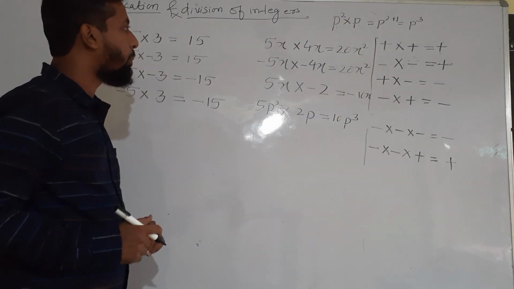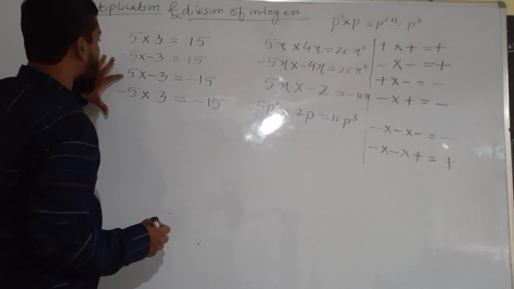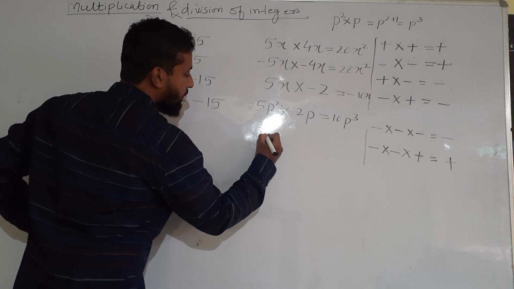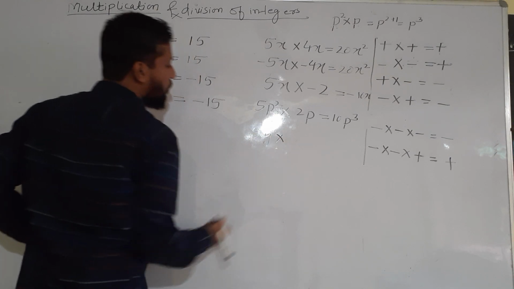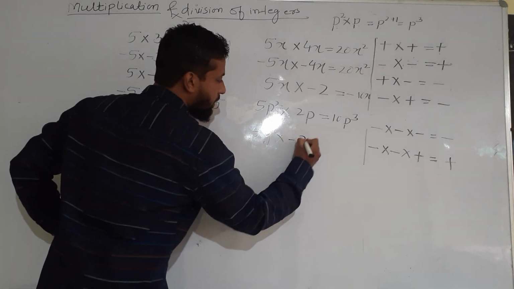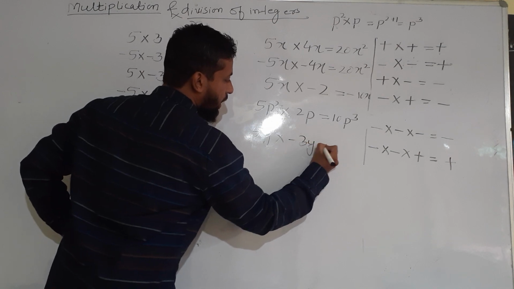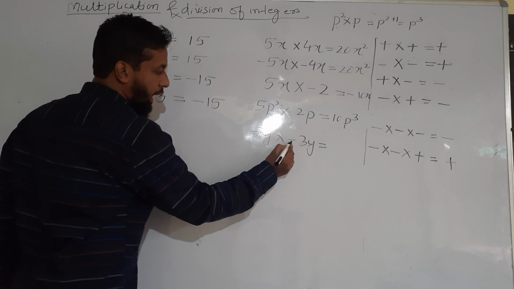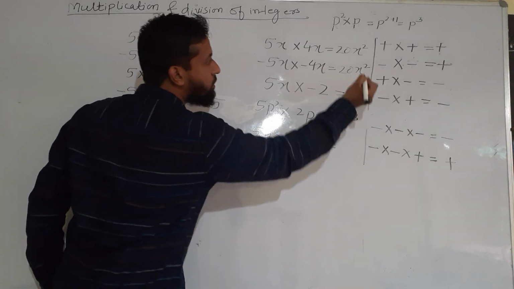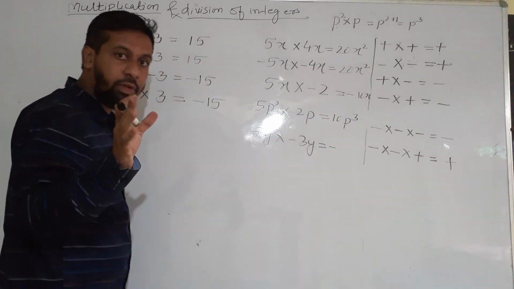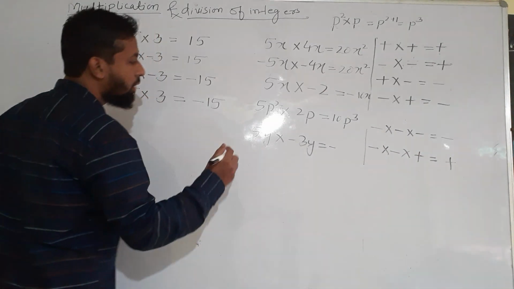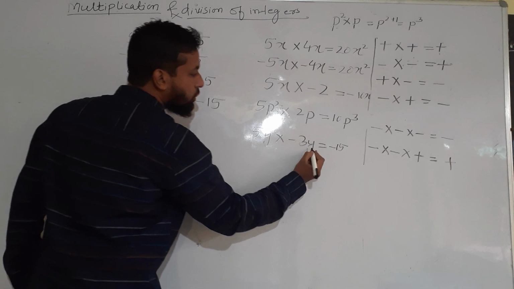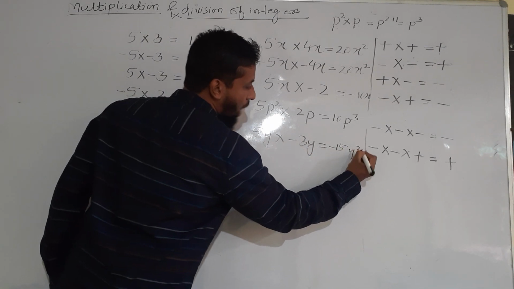This is also very important, you should know. If signs are different, suppose like this, 5y into minus 3y. Plus into minus is minus, as we know multiplication of different signs is negative. 5 3s are 15. y into y is y square.